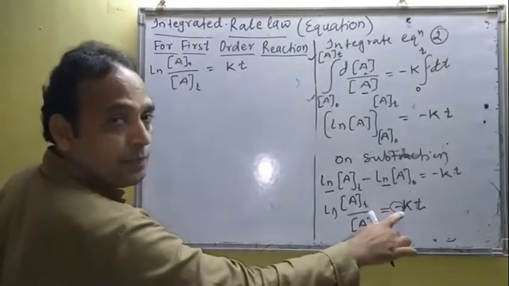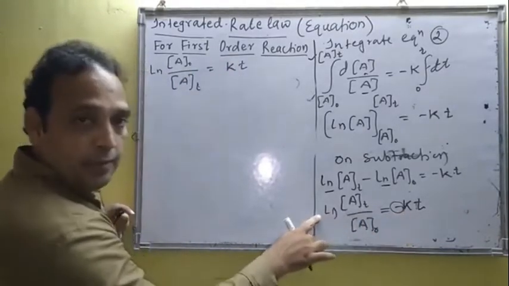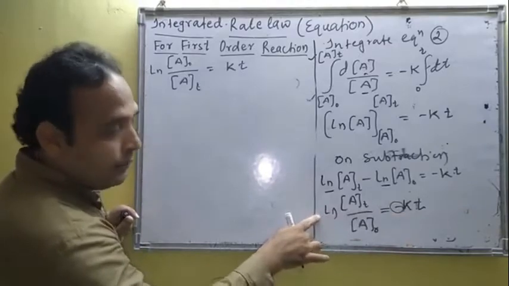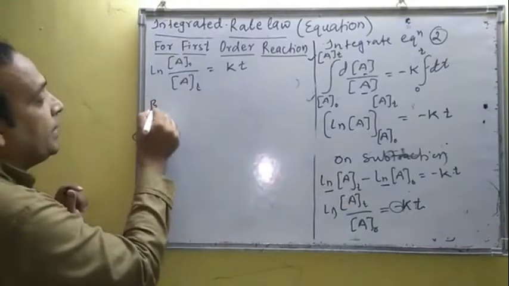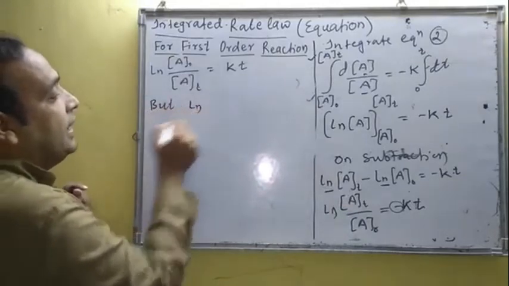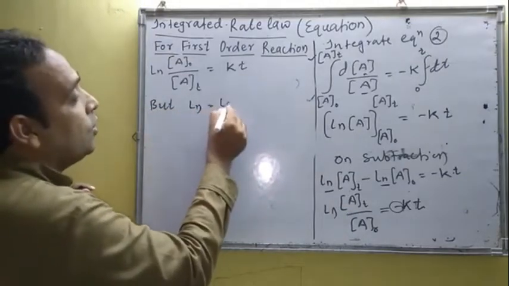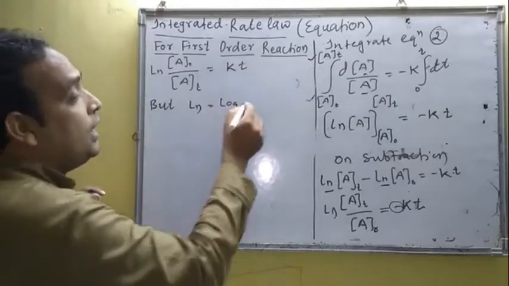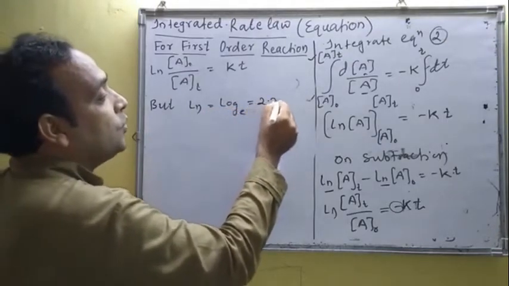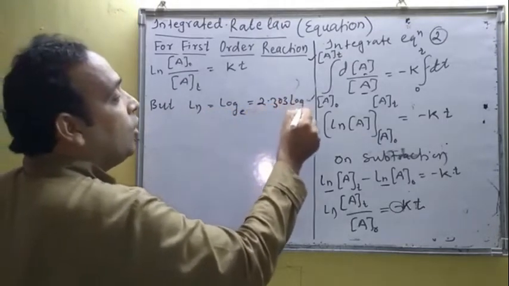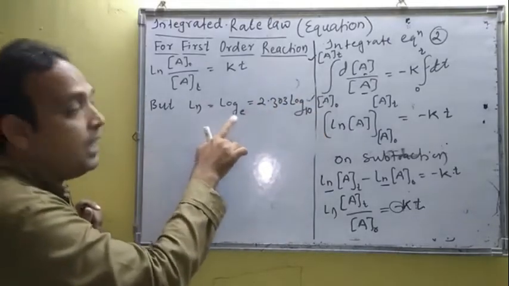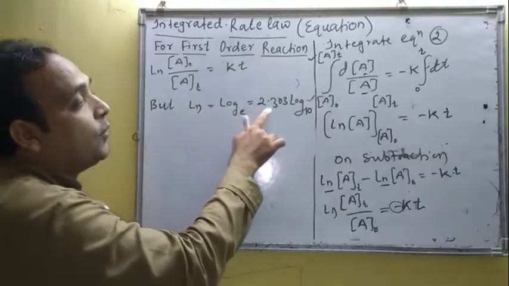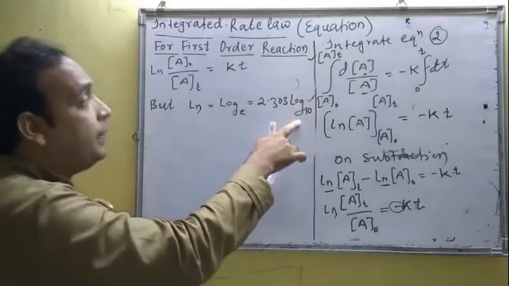Now the minus sign is removed by taking the reciprocal. According to the mathematical rule, natural log is equal to log to the base 10 of e, or natural log is equal to 2.303 log to the base 10.